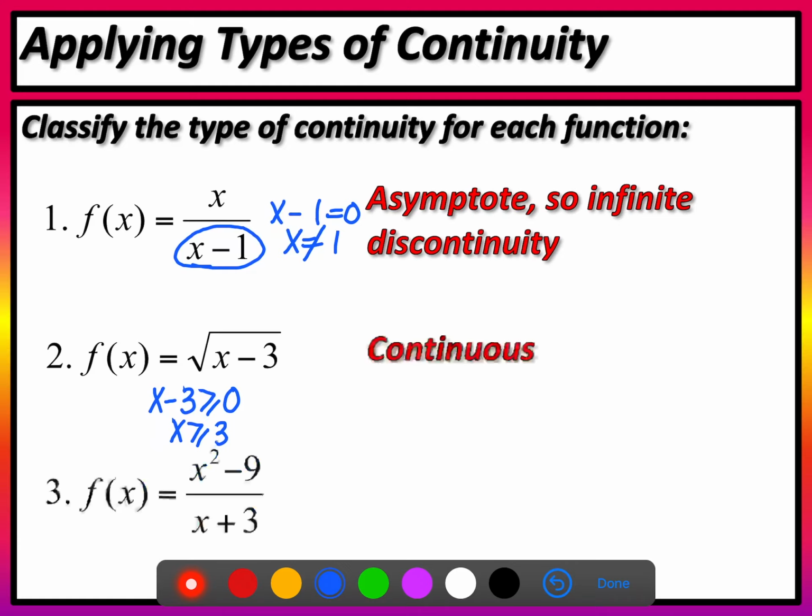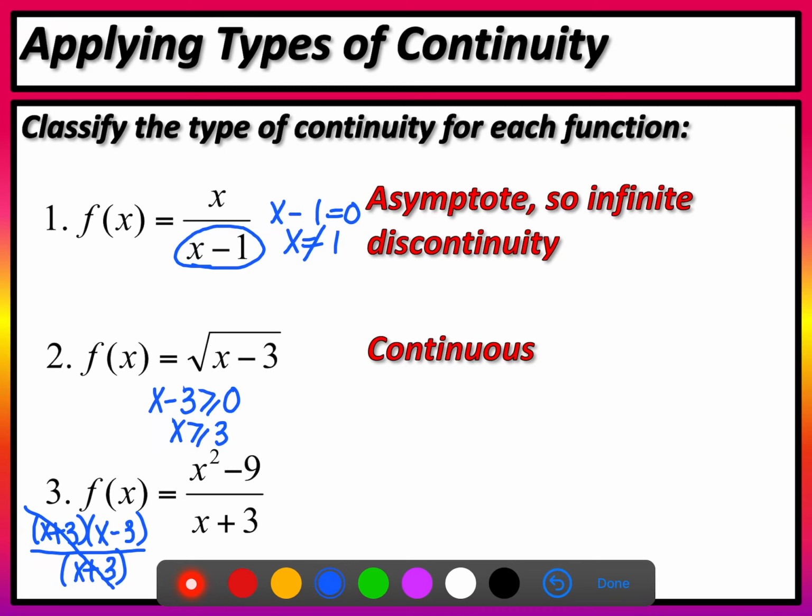And then lastly, example number 3. This is a rational function, so we know that we should factor and simplify wherever possible. Looking at it this way, you may think there's going to be a vertical asymptote, so this is infinite. However, that x plus 3 cancels out, and we're actually creating a hole.